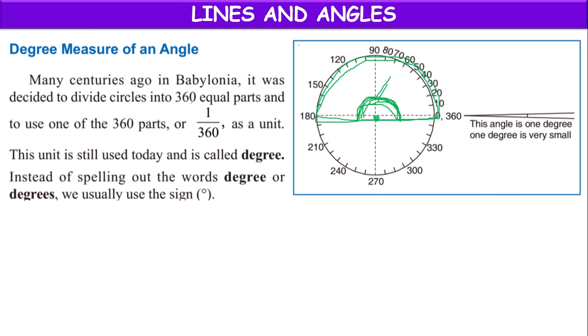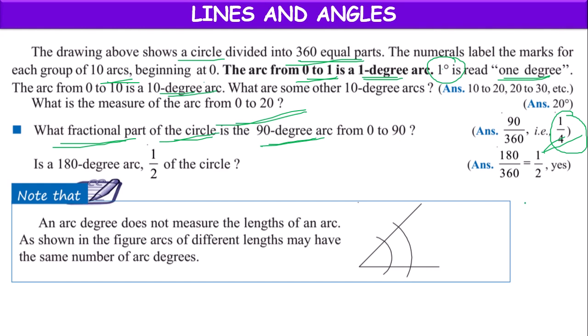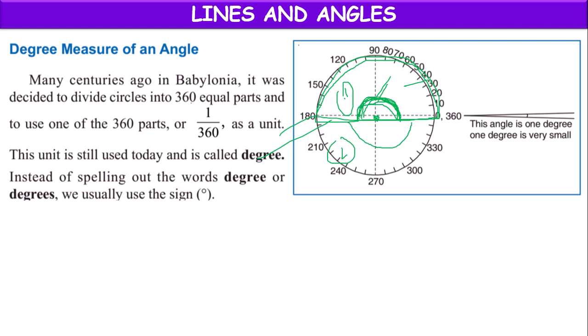Like this 180 degree arc, we have one in the upper part of the circle, one in the lower part of the circle. We have only two parts like this. So this 180 part will be 1/2, half of the circle. That's why this half part is known as a semicircle.